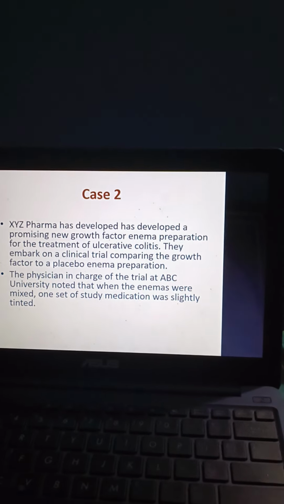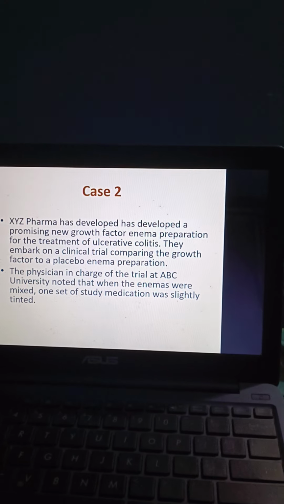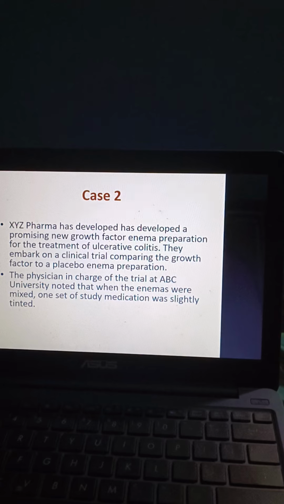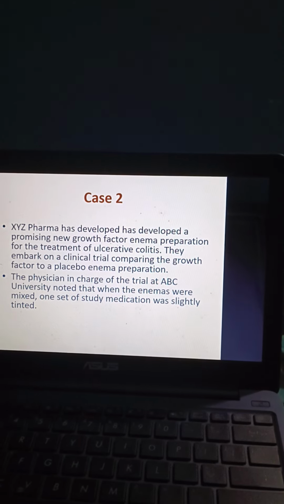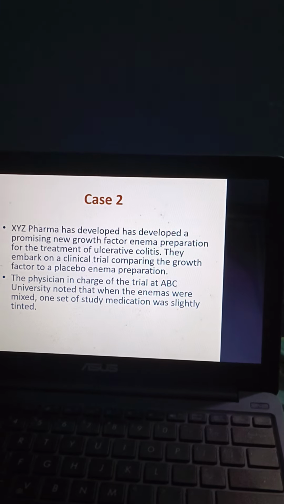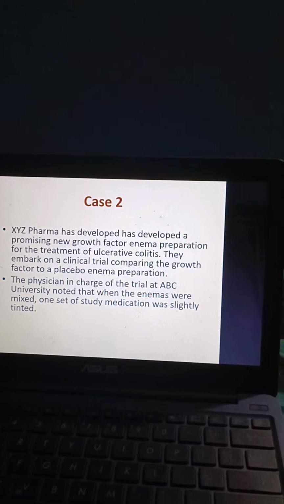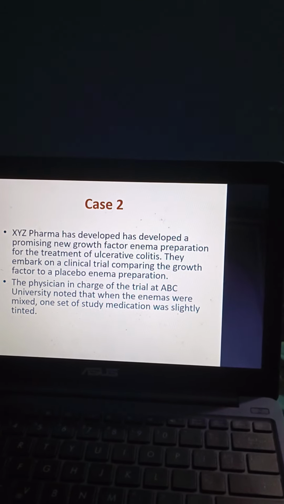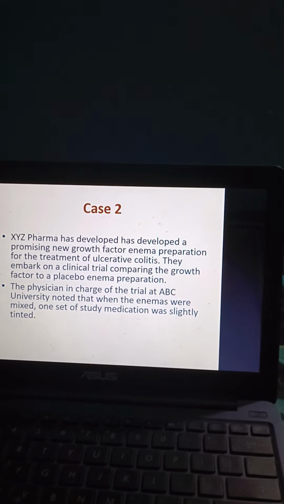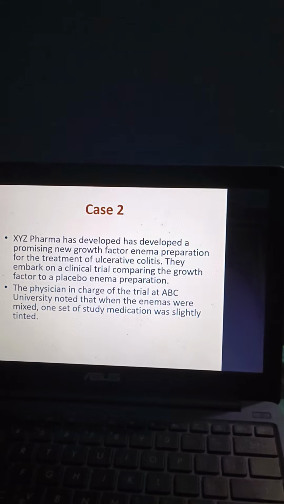Case study 2. XYZ Pharma has developed a promising new growth factor enema preparation for the treatment of ulcerative colitis. They embark on a clinical trial comparing the growth factor to a placebo enema preparation. The physician in charge of the trial at ABC University noted that when the enemas were mixed, one set of study medication was slightly tinted.